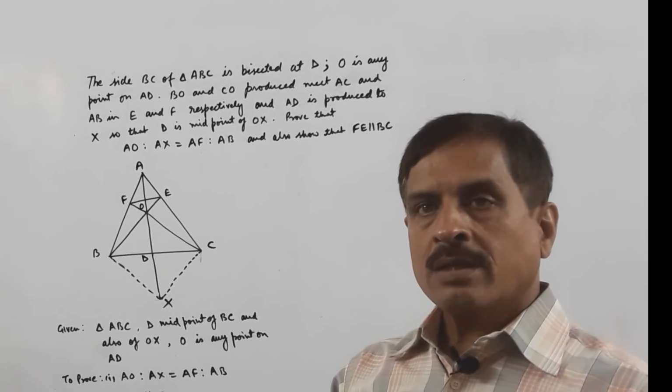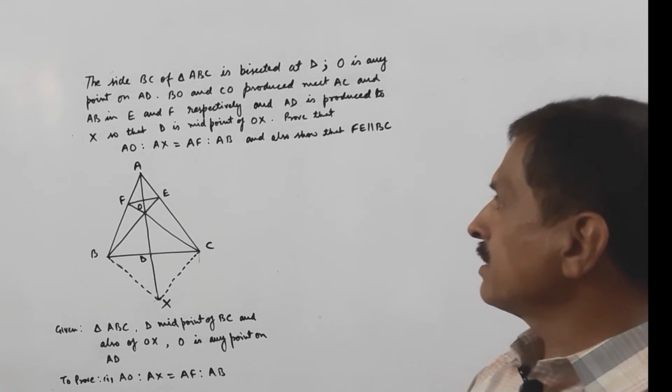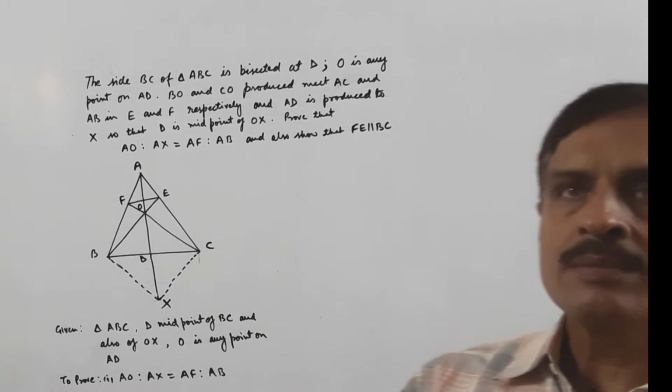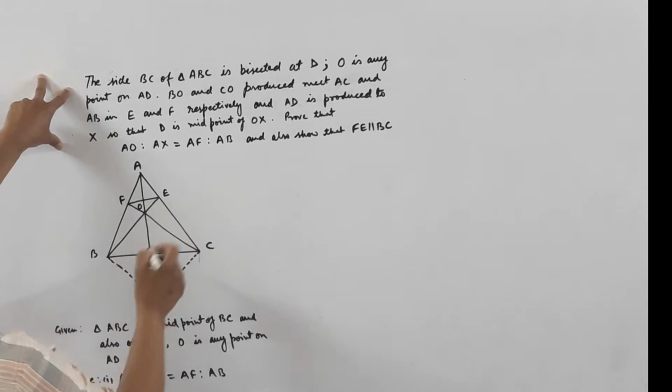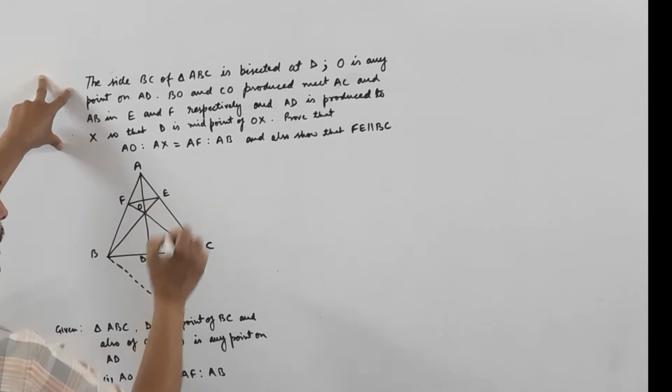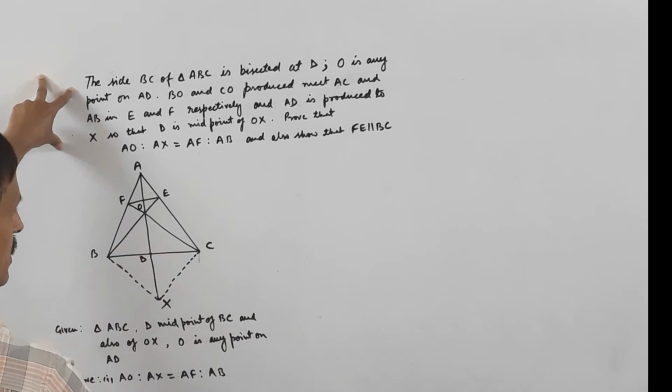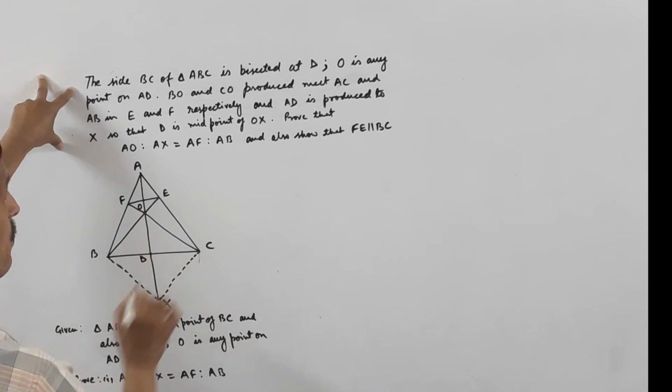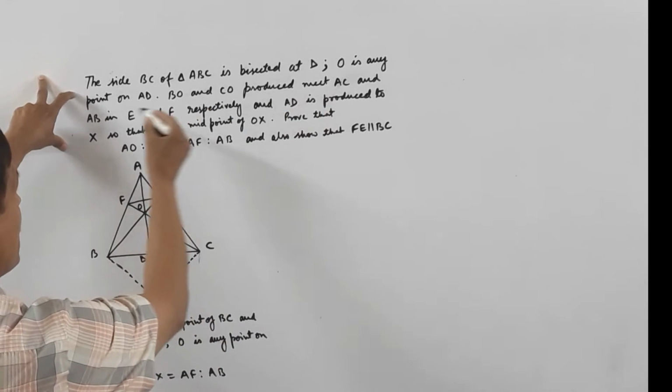Now we consider some questions. In question 1, the side BC of triangle ABC is bisected at point D. It means D is the midpoint of BC. O is any point on AD.